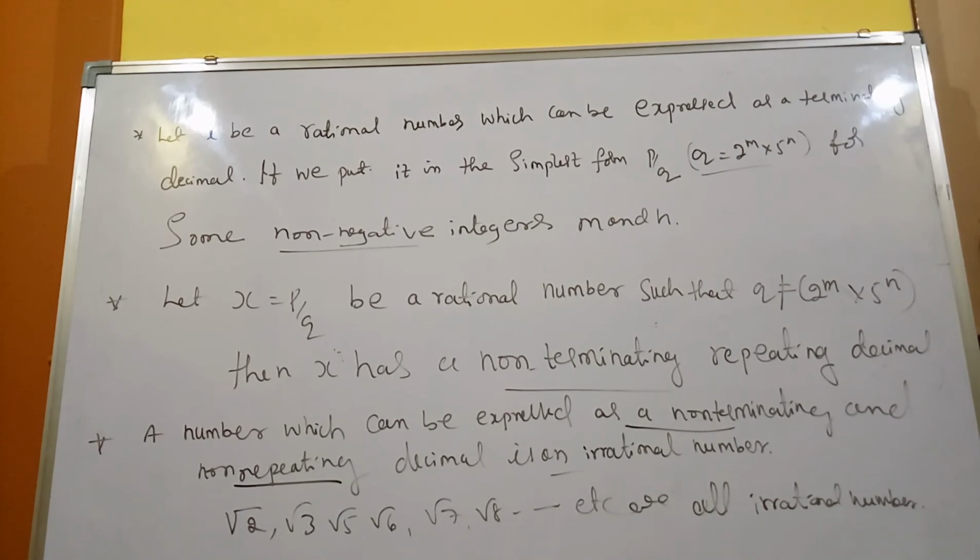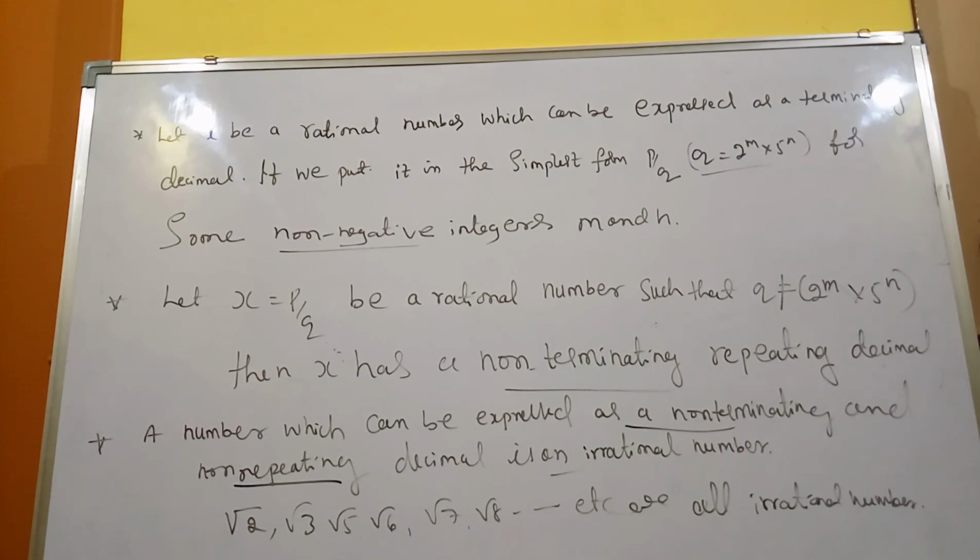Students mainly make mistakes because they generally don't bring the given rational numbers into simplest form, and therefore they conclude wrongly. So what remedial measure should they take? If there is a factor other than 2 or 5 in the denominator, check whether it can be cancelled or not. That we also have to keep in mind.